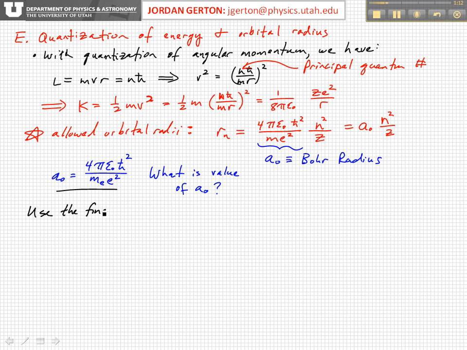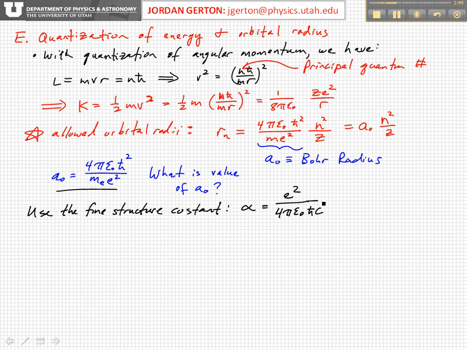We can use something called the fine structure constant. This is an important constant of nature that appears in particle physics, and it's just a collection of other fundamental constants. The fine structure constant we call alpha, and it's equal to e squared over 4 pi epsilon naught times h bar c.